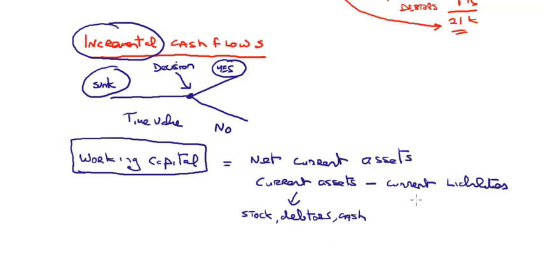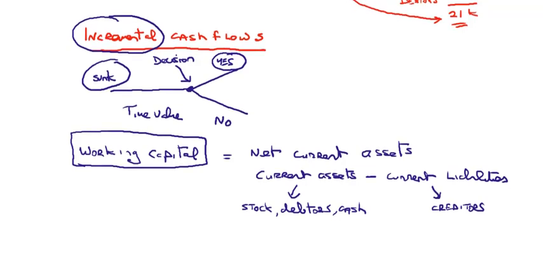Our main principal current liability, of course, is creditors. So if we want to find out what our working capital is, we add up at any point in time the value of our stock, debtors and cash, and we subtract the value of our creditors.